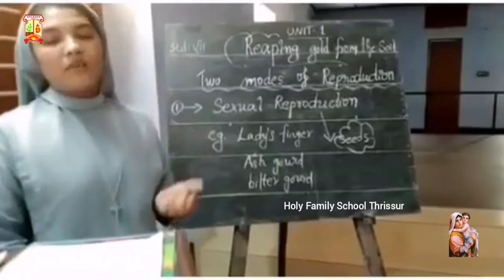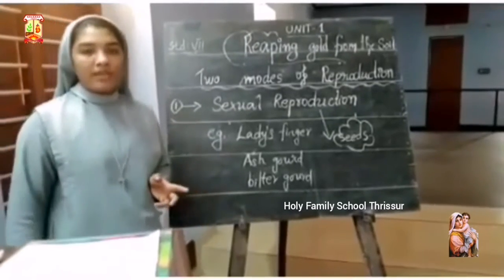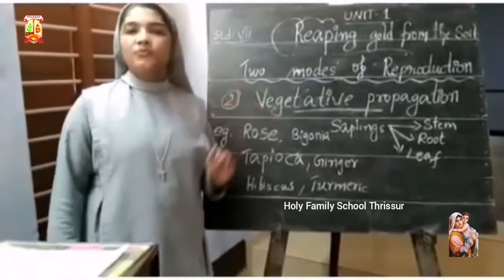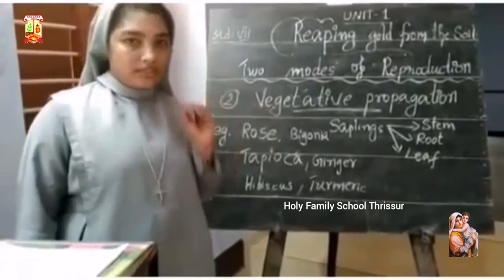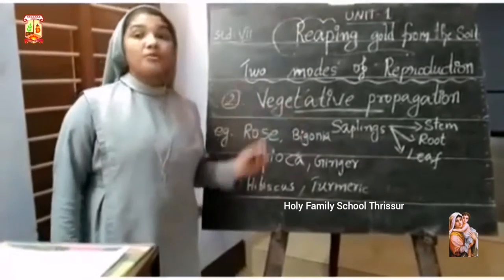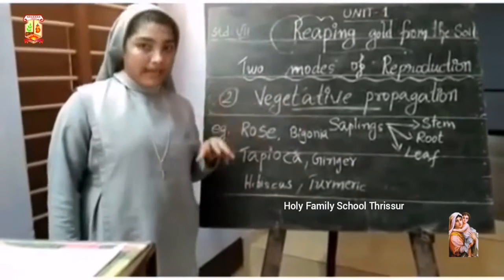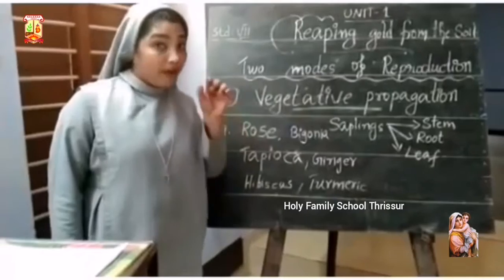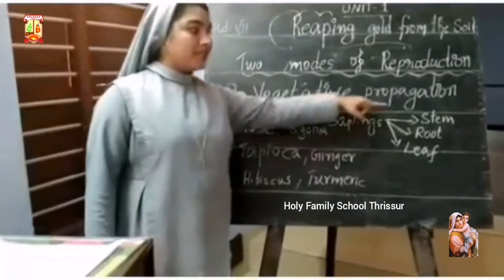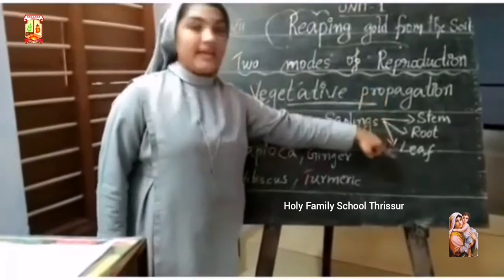Next is vegetative propagation. What is vegetative propagation? Vegetative propagation is the mode in which the saplings are produced from the parts of the plant other than seeds. The saplings are produced from the stem, the root and the leaf.